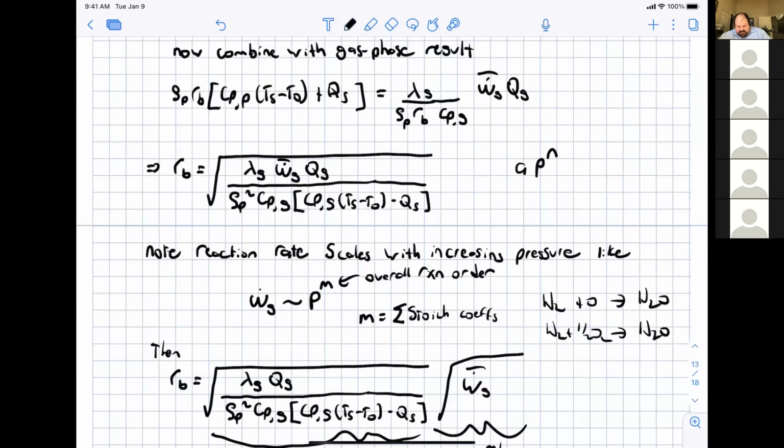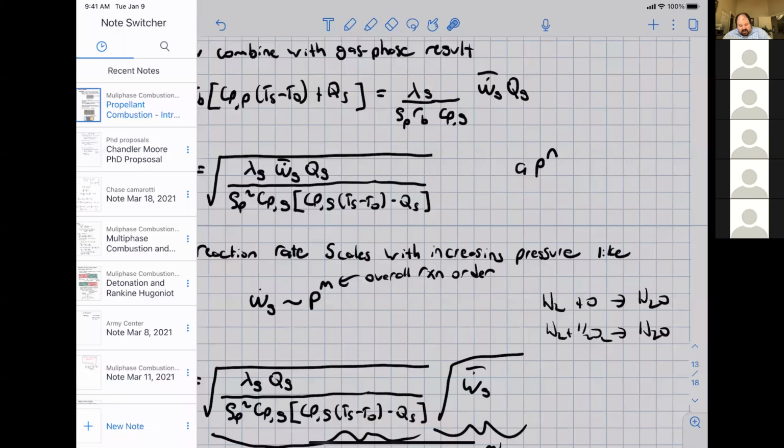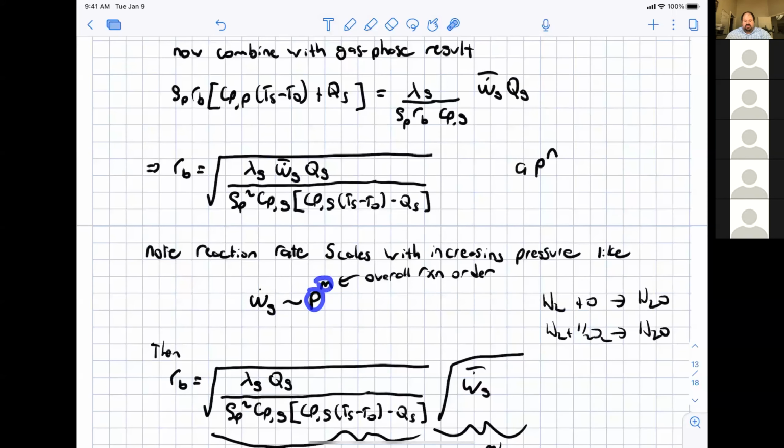And then for a global reaction, it would be the sum of all the powers on the global reaction rate. But anyways, M here is a measure of the pressure raised to the overall reaction order.